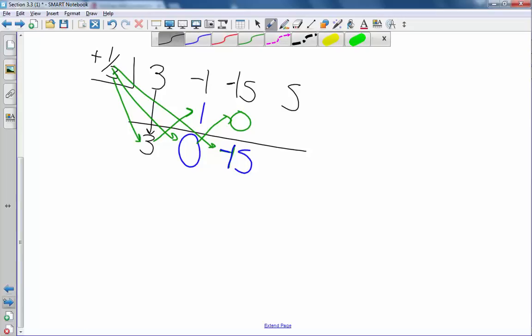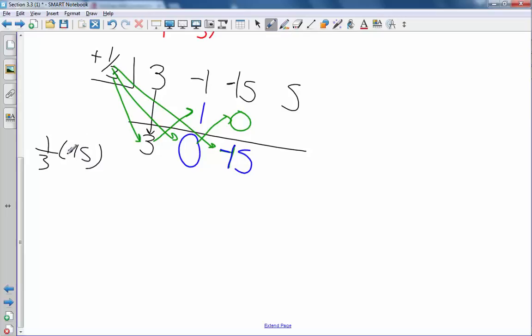Wow, you guys are great. 1 over 3 times negative 15 is, it's just basic cancellation. 3 goes into 15 5 times. It's actually negative 5. Oh my god. 5 and negative 5 is 0. It's a perfect division. That means the remainder is 0.